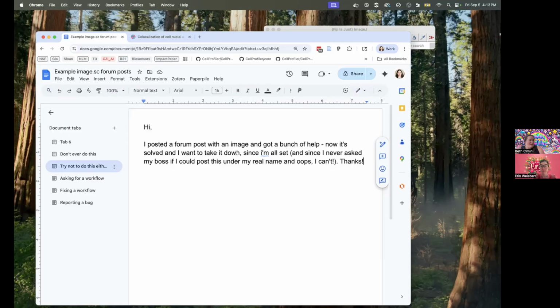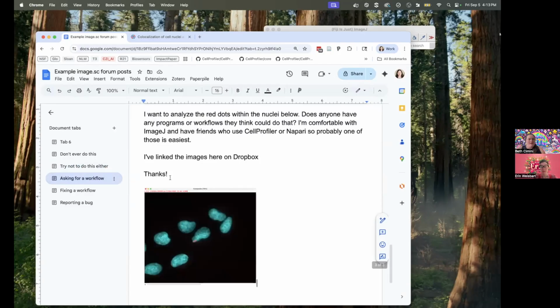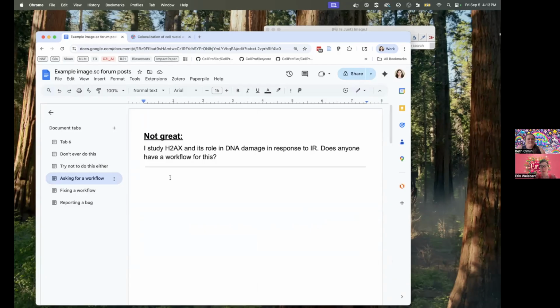But I definitely want to emphasize, you don't actually need to tell us much about you, information that would lead to you being scooped or other things that might make your boss unhappy. In fact, if you're asking for a workflow and what you say is, here's what I study, here's my biology, probably that's not going to get you what you want.